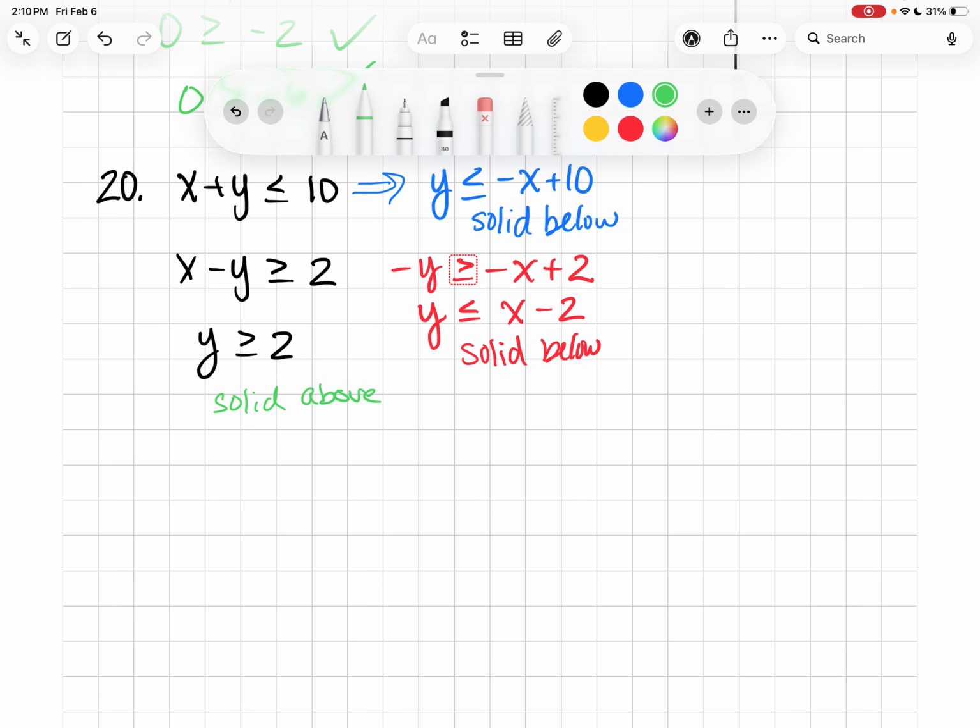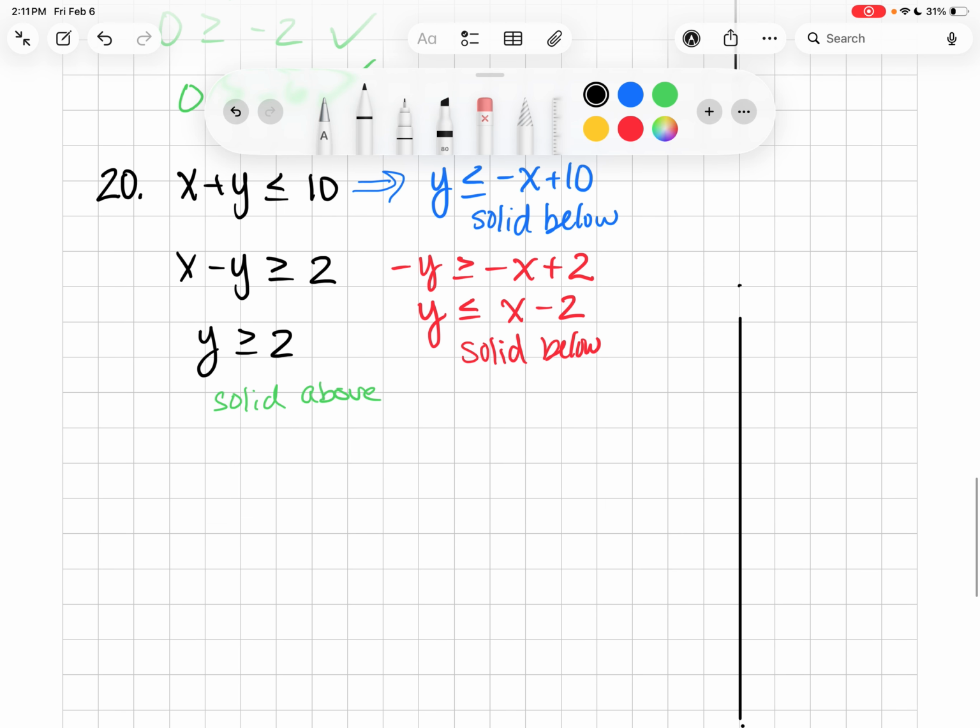All right. 1, 2, 3, 4, 5, 6, 7, 8, 9, 10. Close enough. All right, so first one, intercept at 10.